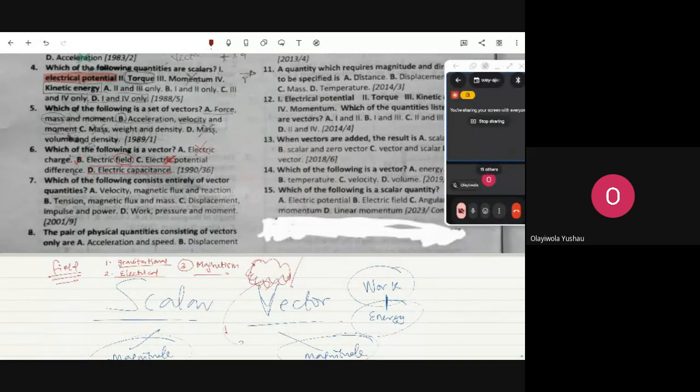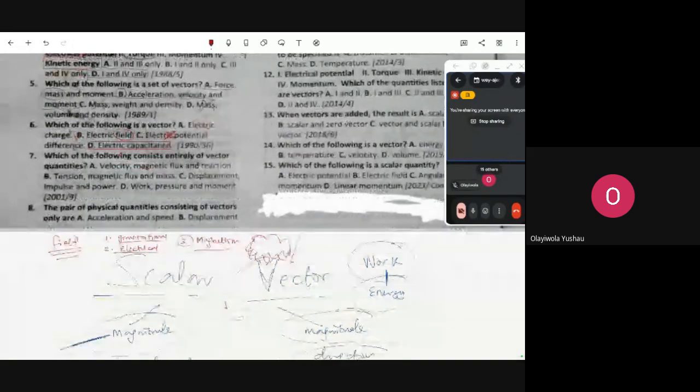Electrical energy. That capacitor is responsible for storing electrical energy. So that doesn't have to do with direction. So it's also a scalar quantity.